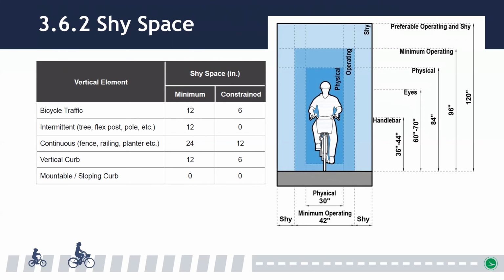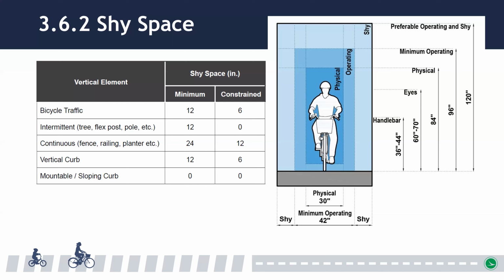In later chapters, you will see bikeway widths that depend on their proximity to curbing or other vertical objects. This is to account for the bicyclist shy space that's typical for that particular design element. Although the recommended bike widths in the guide typically consider proximity to vertical objects, an understanding of shy space will help all designers to understand how a bikeway is likely to operate, or understand the operating space of that bikeway.